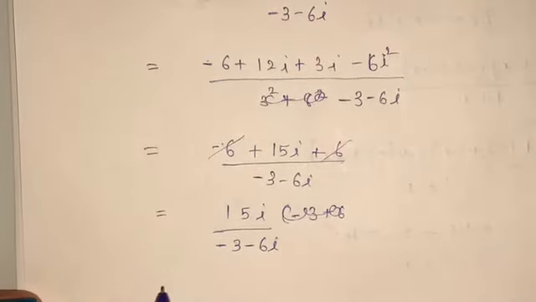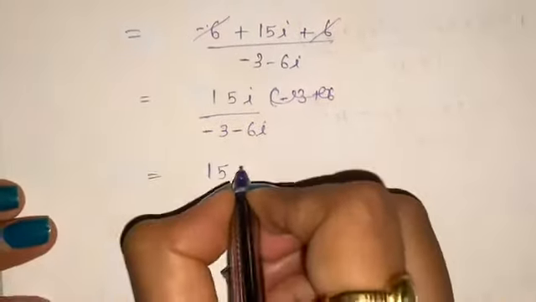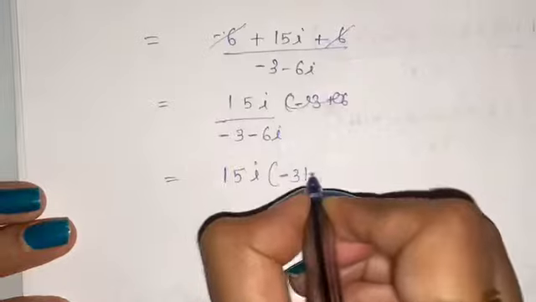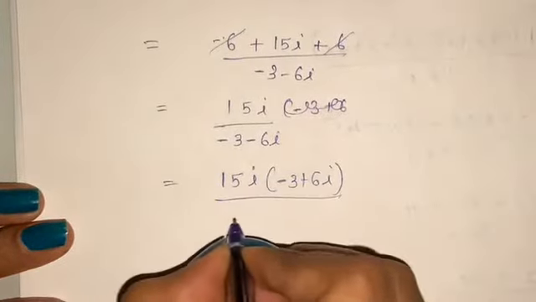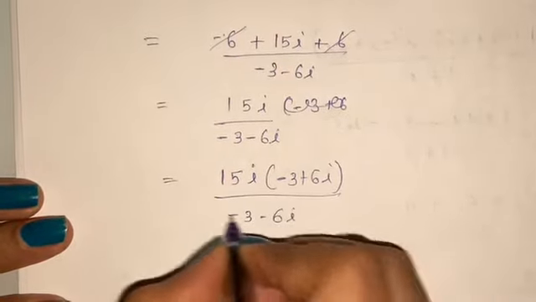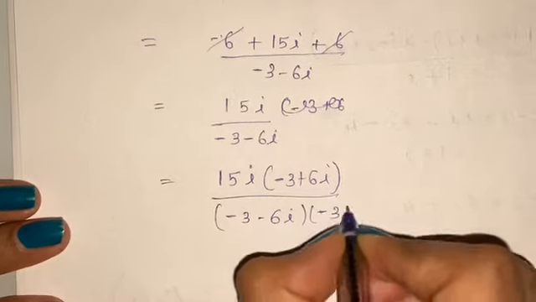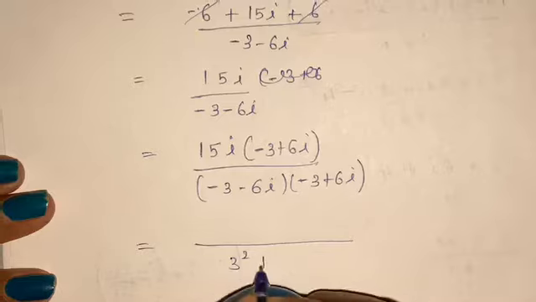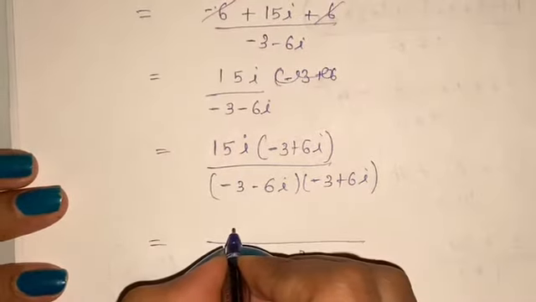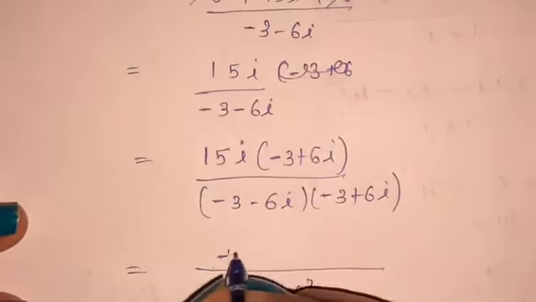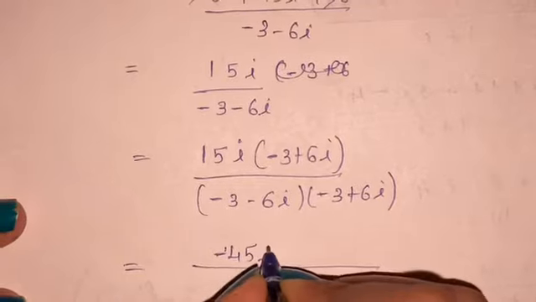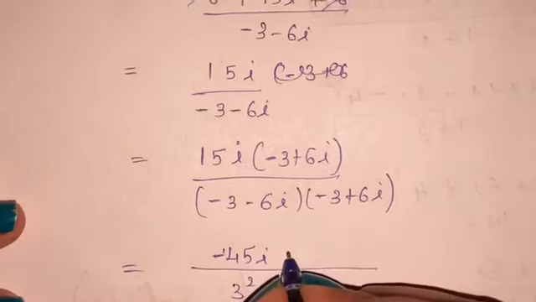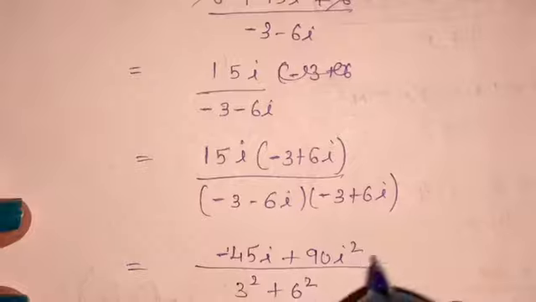Now again I will rationalize this. So 15i into minus 3 plus 6i upon minus 3 minus 6i, minus 3 plus 6i, is equal to nothing but 3 squared plus 6 squared, and over here 15 3s are minus 45i and 15 6s are plus 90i squared.